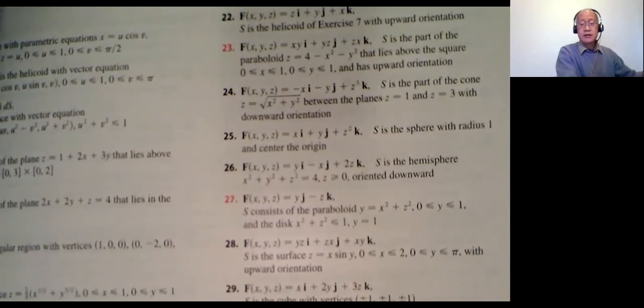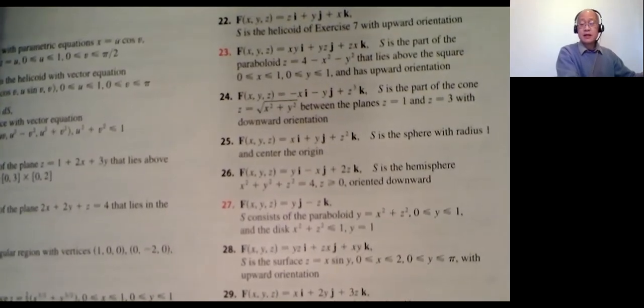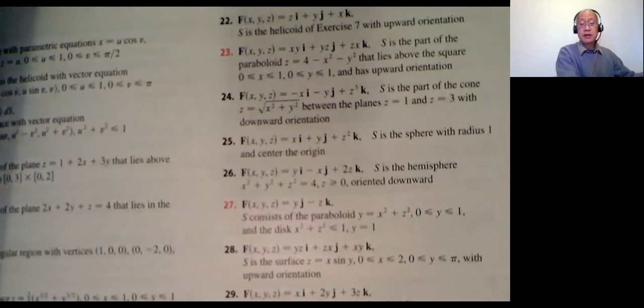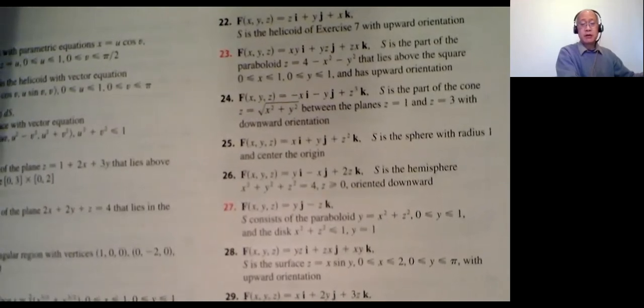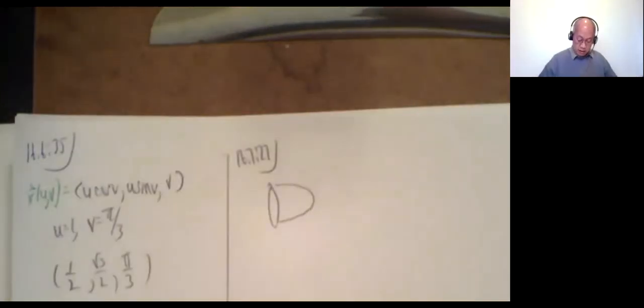Okay, so do I want to spend time on it? Yeah, probably not. If you did it, great. I'll just say some things about it. It's a nice problem. I've given it away, so I won't be asking you that entire problem. But y equals x squared plus z squared, and then x squared plus z squared less than or equal to 1, y equals 1.